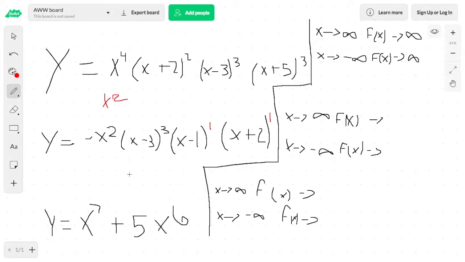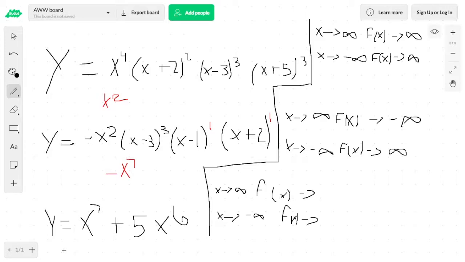So 1 plus 1 plus 3 plus 2 is 7. So this is an odd degree with a negative coefficient. This means as x approaches positive infinity, f of x approaches negative infinity, and as x approaches negative infinity, f of x approaches positive infinity.